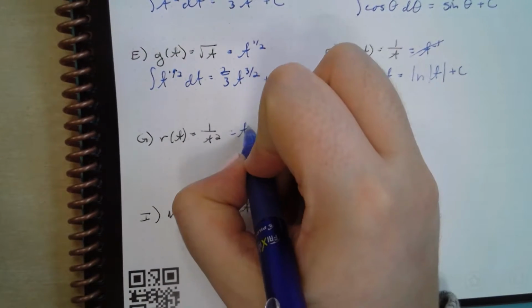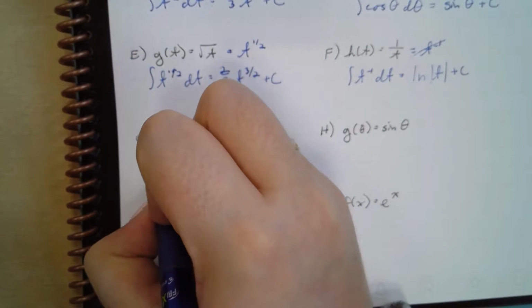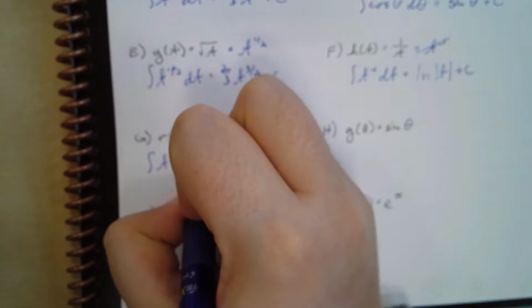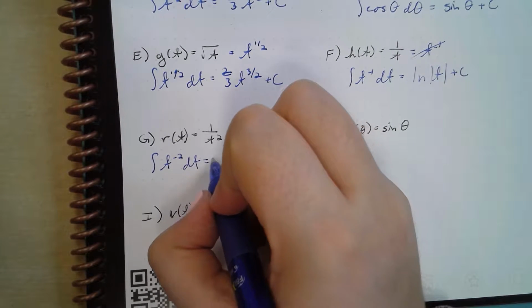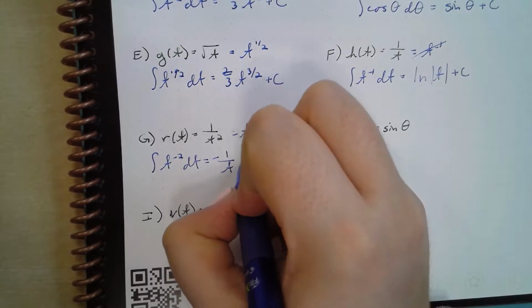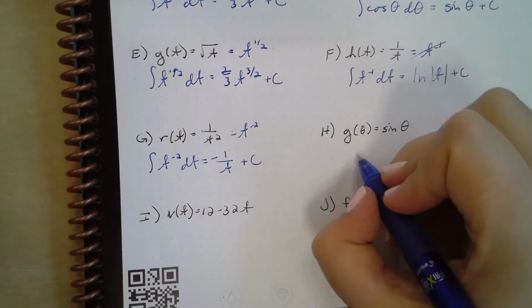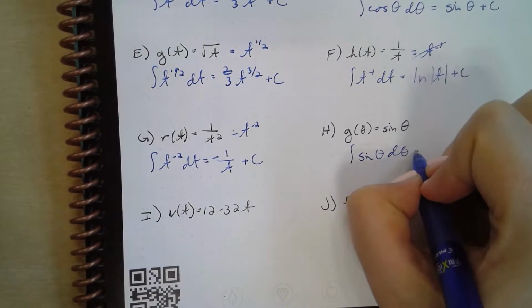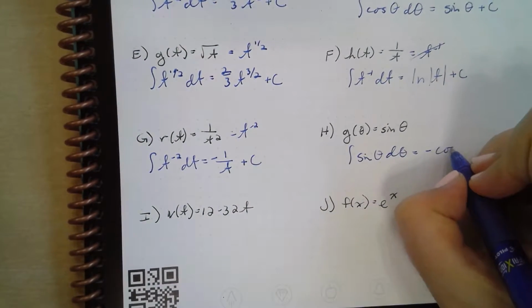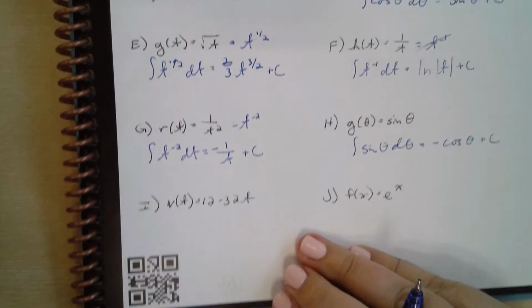This is equal to t to the negative 2. So we have the integral of t to the negative 2 dt, which is going to be negative 1 over t plus c. The integral of sine theta d theta is equal to negative cosine theta plus c.